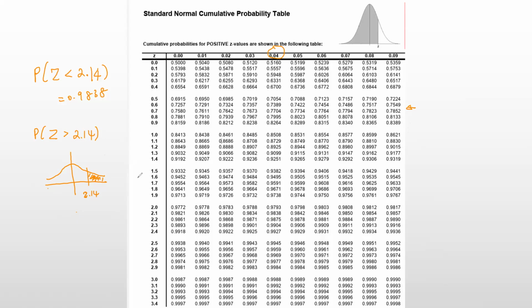But you understand it's symmetric, so I know the probability of z less than 2.14. That's known, so you can get this area from 1 minus that probability. So it equals 1 minus 0.9838. Sometimes we call this type of area a tail probability.